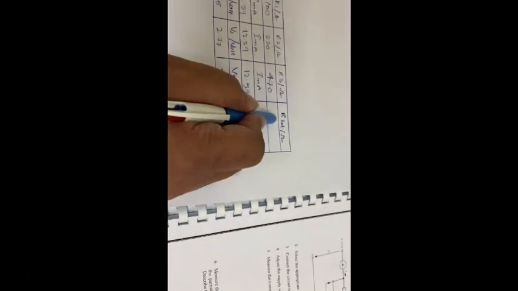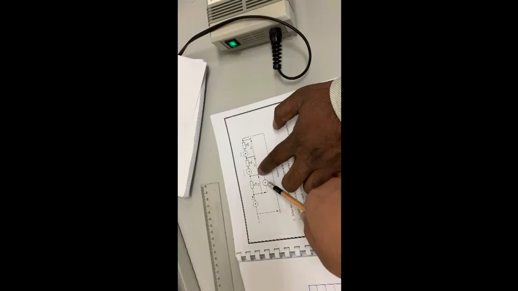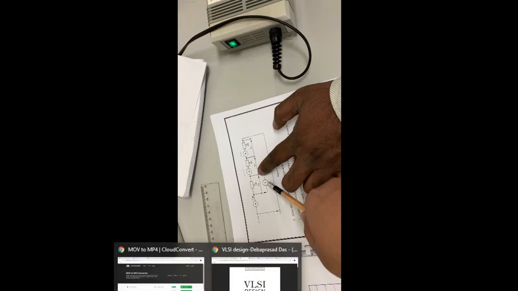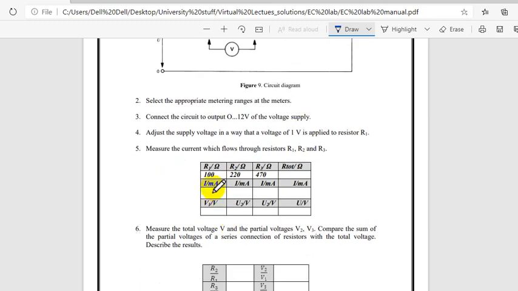Just tabulate these values in the table provided in the textbook. Just go to this table and write the values here.